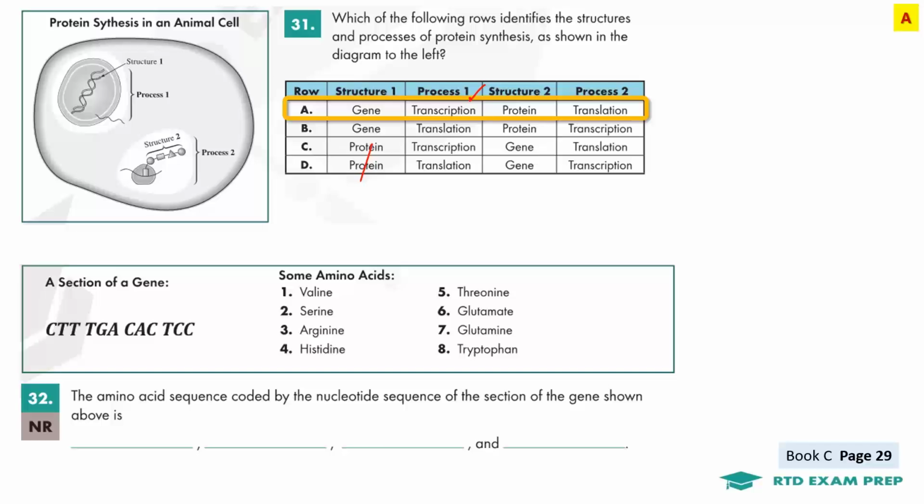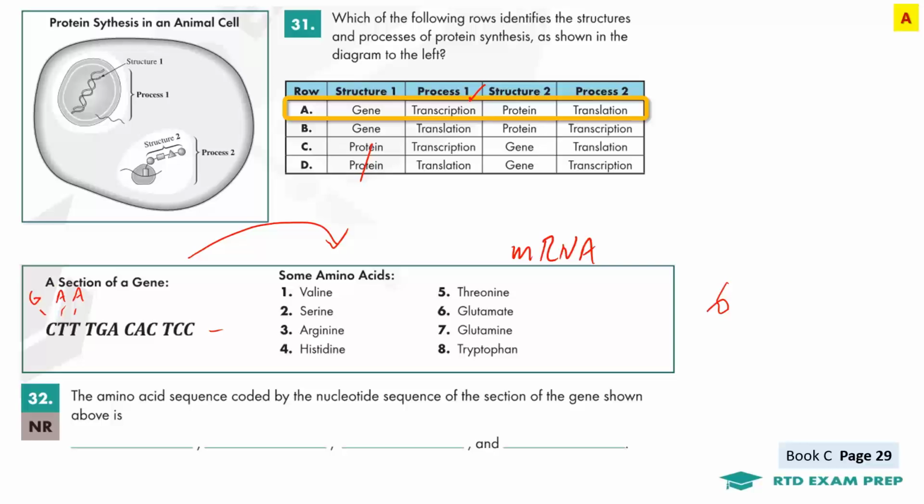Question 32. A section of a gene, and they want us to get it to the amino acid level. So we must make sure we get to the mRNA level. Well, this without a doubt is DNA. So we go C to G, T to A, T to A. And when you set that up, you go to your chart, and the first is glutamate, so 6.